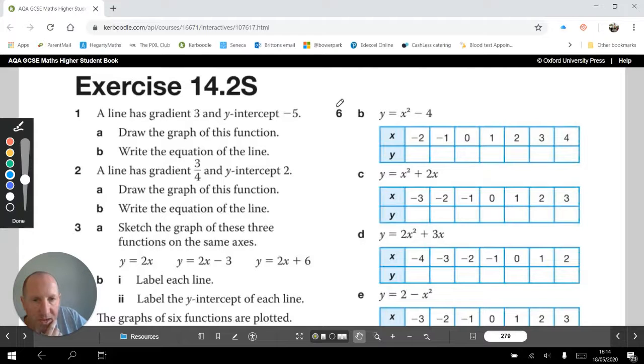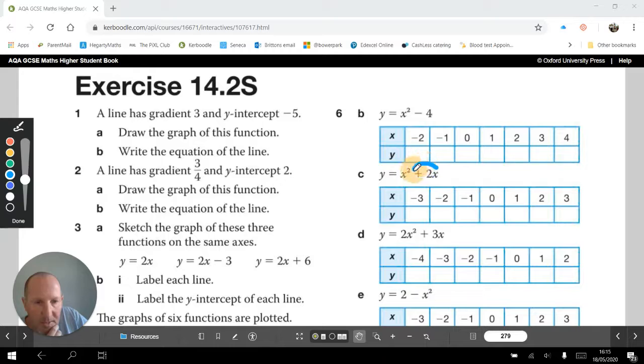So as I say here, it's lots of practice of drawing graphs, but when you're drawing these, I actually want you to think about what they look like. And you should hopefully find out that this number on the end, the number without any x's in it, affects where it goes through the y-axis. It is just the intercept, like in linear graphs.